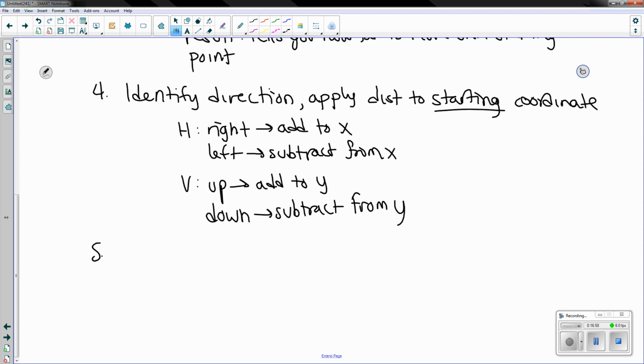Once you've done it, a good way to check your answer is to eyeball that it's actually roughly the fraction of the way from one point to another that you desired. So eyeball distance.